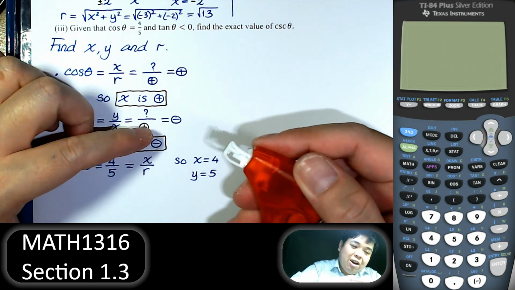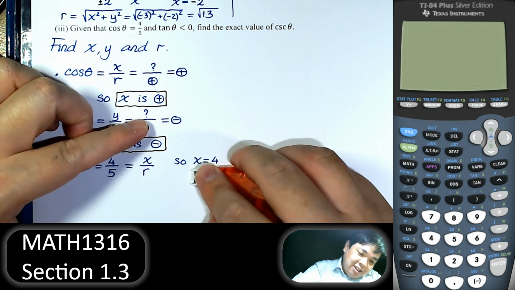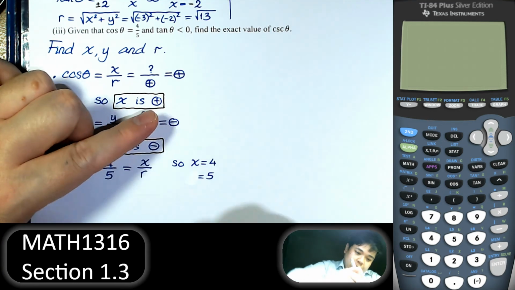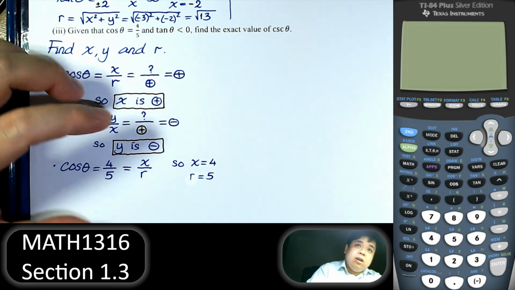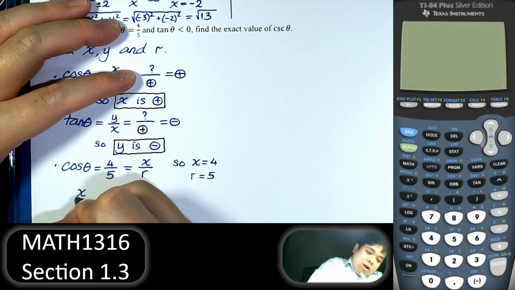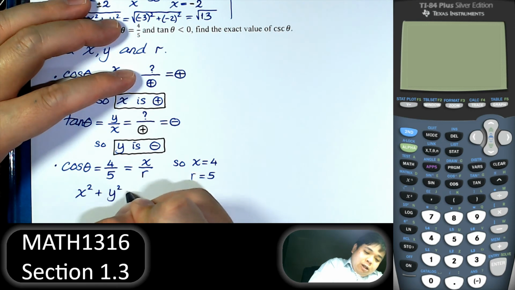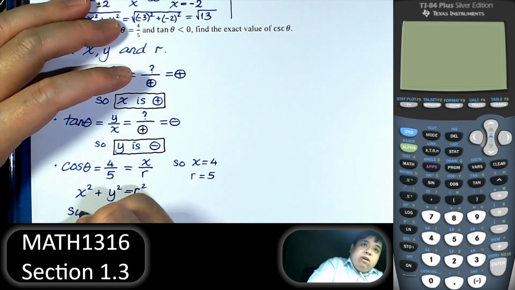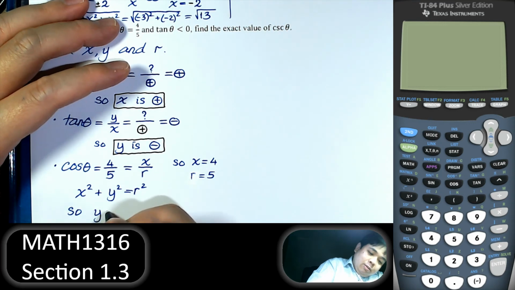And r is 5. Sorry, not y. So we have x squared plus y squared equal to r squared, so we can find y.